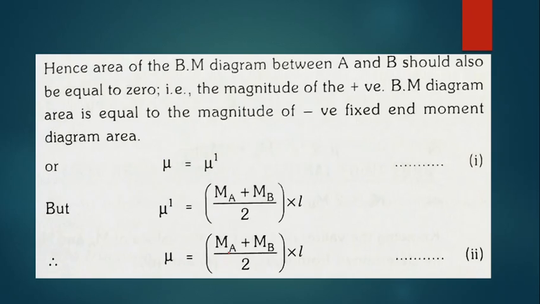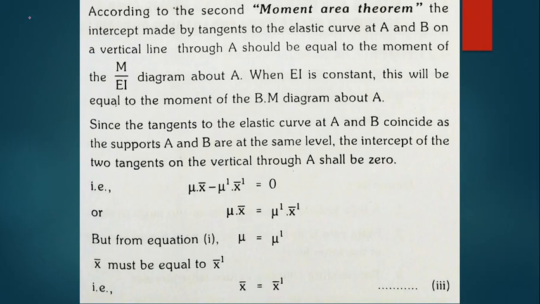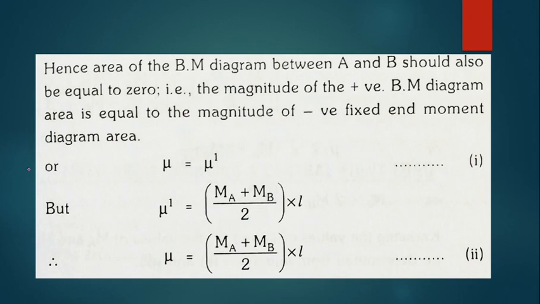So mu is equal to MA plus MB divided by 2 into L. So here you will get one equation. When you equate, MA plus MB equals 2 mu by L. This is one equation.